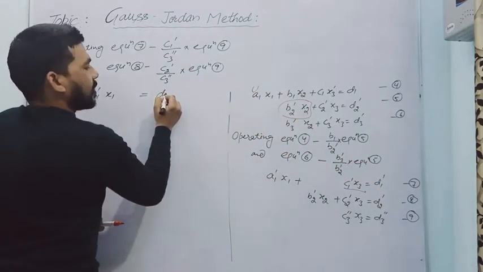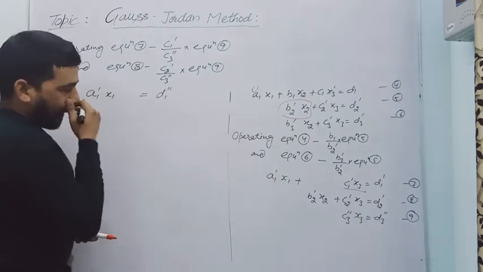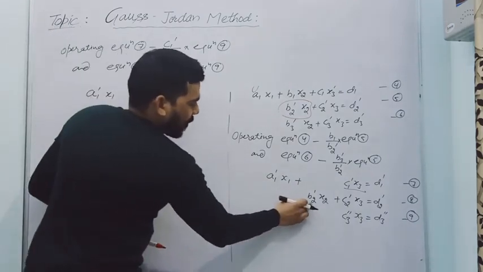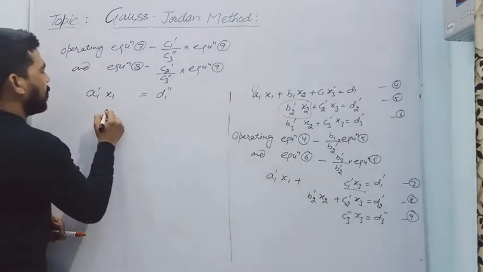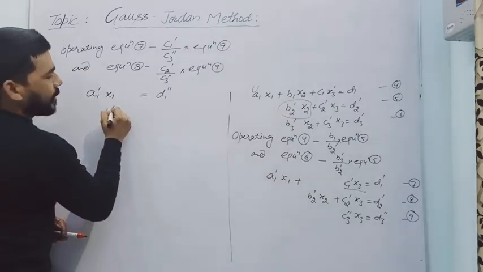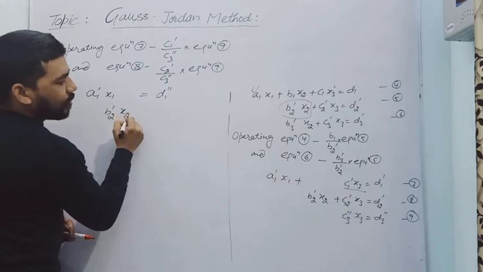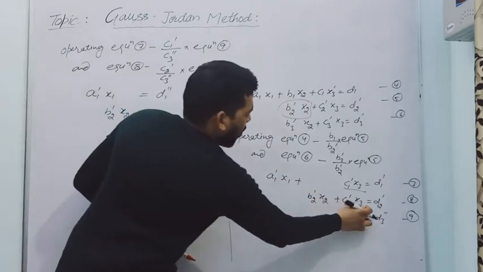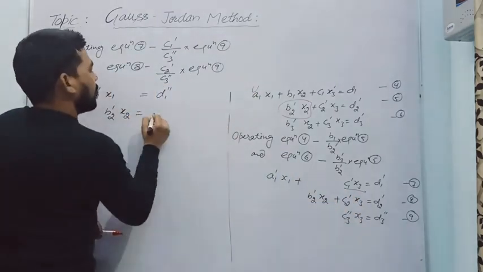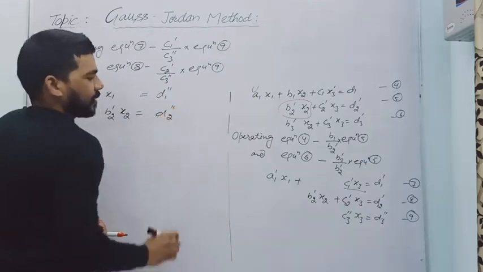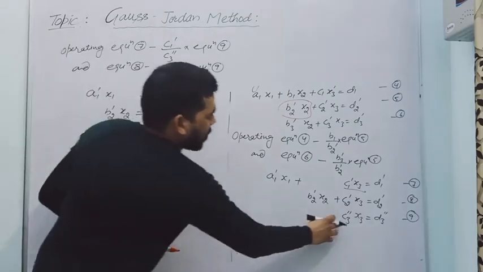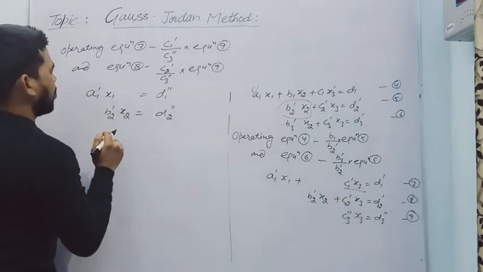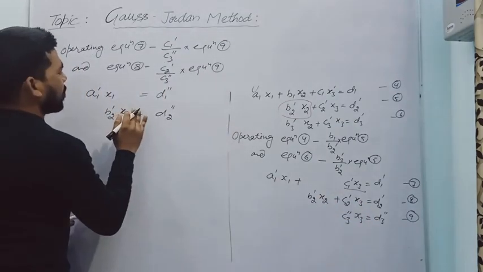I am saying that this number is d1 double dash. Now when I do the operation with this one, it will be the same, b2 dash x2, and that term will be eliminated, and that will be equal to d2 double dash, suppose. And I also have this c3 double dash x3. I am writing down this term.